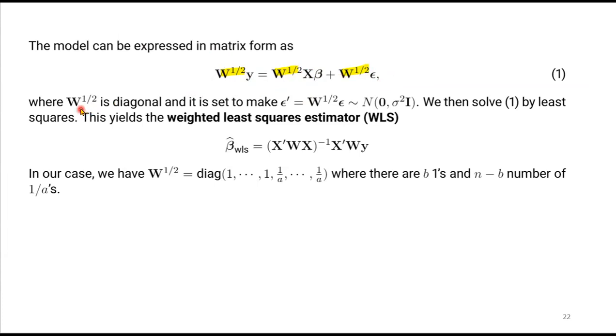In our case, this transformation matrix is a diagonal matrix. Then our error term will be multivariate normal and satisfy the usual conditions. If we solve this by least squares, OLS, this is the estimator, and this is what we call the weighted least squares estimator. W here is considered as the weights.